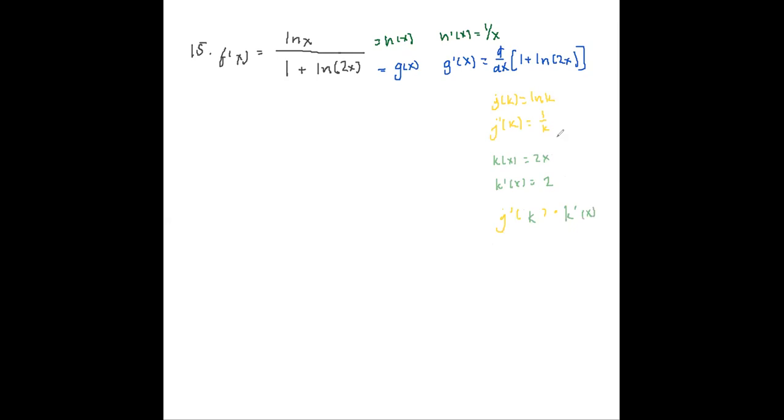So this is going to turn out to be 1 over 2x times 2. So it's going to end up being 1 over x.